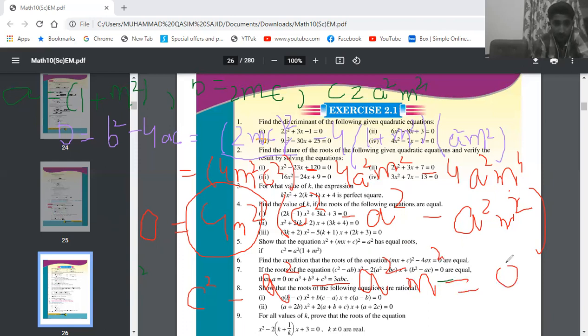Now this value basically is the general value of a given equation. So for an equation, if some values are given, for example in case of m or something more, then we have to find the value of c square minus a square, and this value equals a square m square.